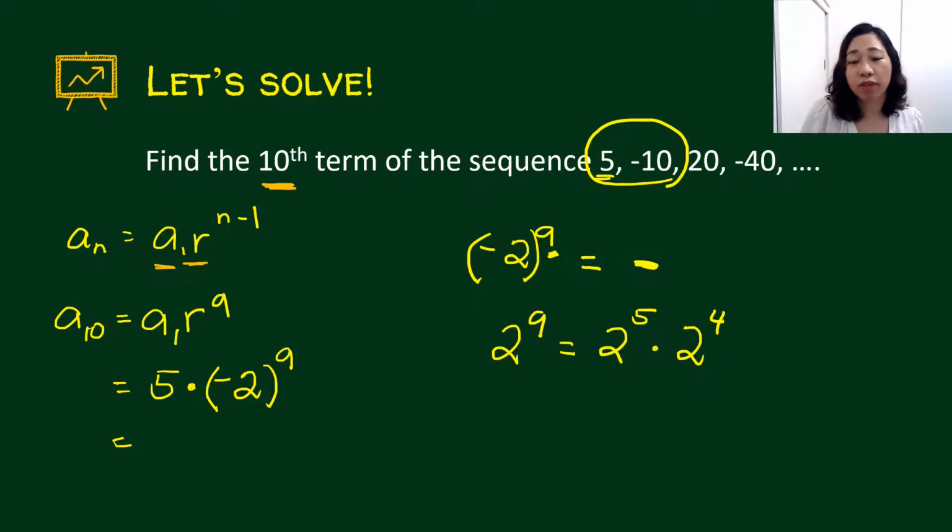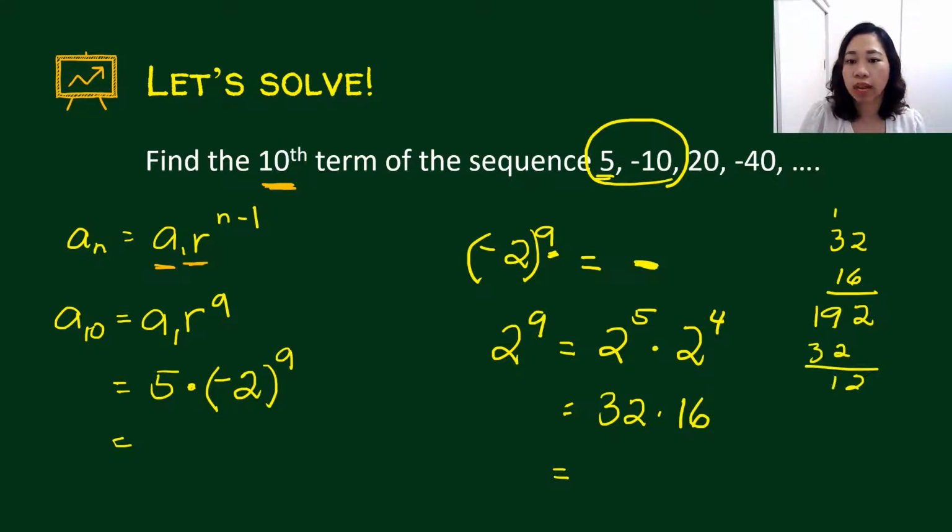At least for 2 to the 5th, that's not so bad. 2 to the 5th is 32. 2 to the 4th is 16. So 32 times 16, what is that number? You get 512.